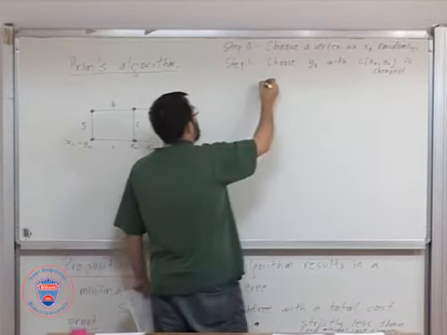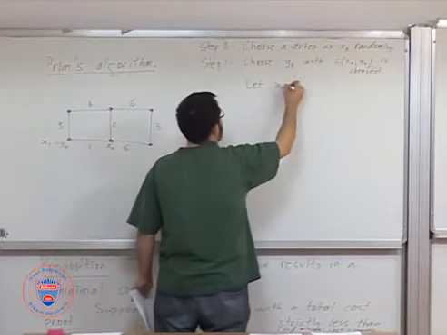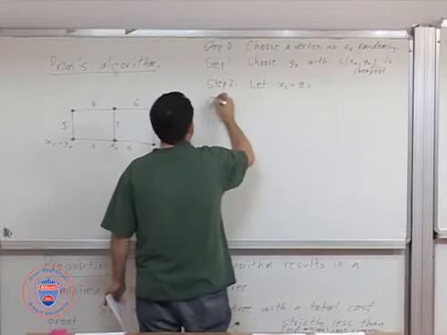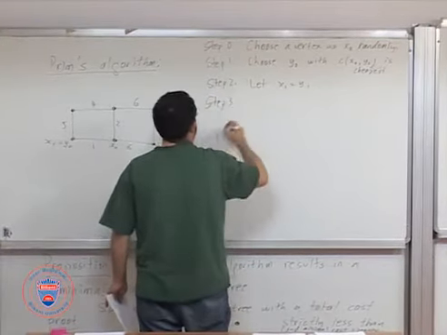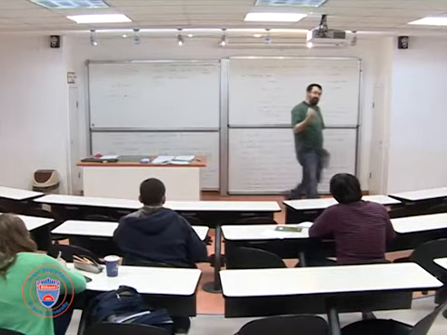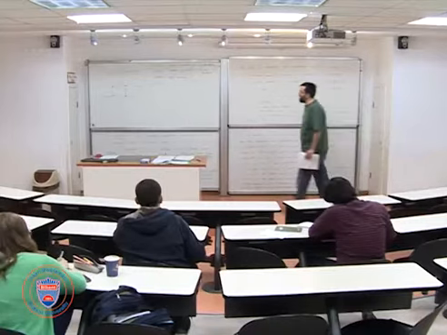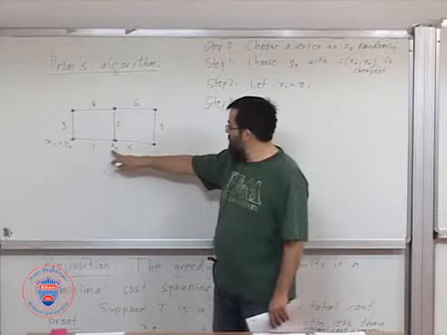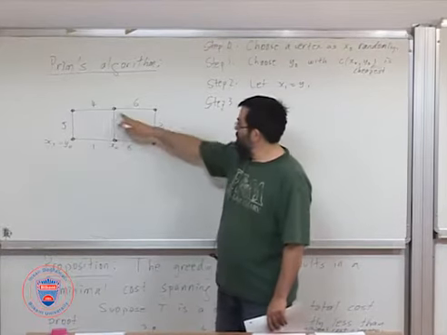Now the next step: let x1 be equal to y0. Now you have x0 and x1 chosen. For each of these points, choose a y among the ones you haven't chosen before. So for x0, you have these two possibilities.